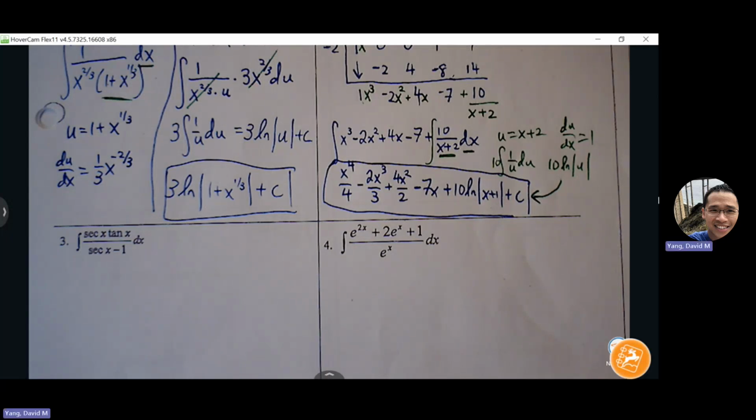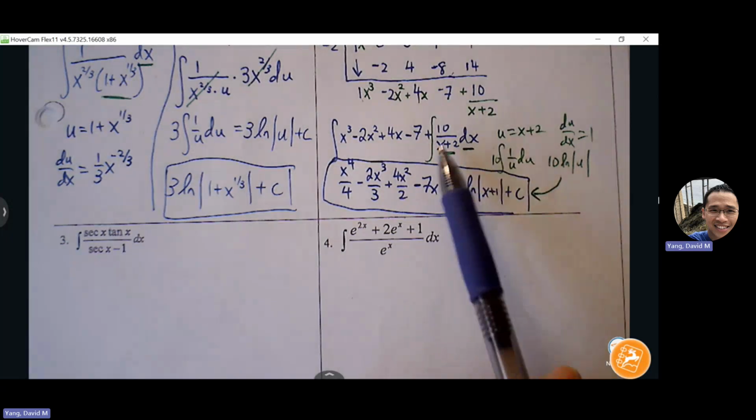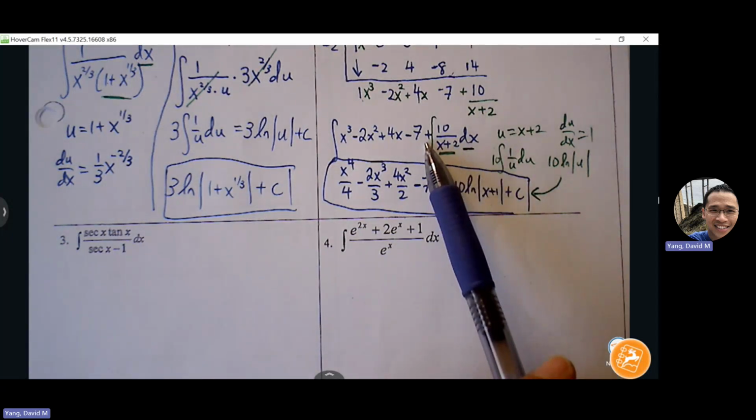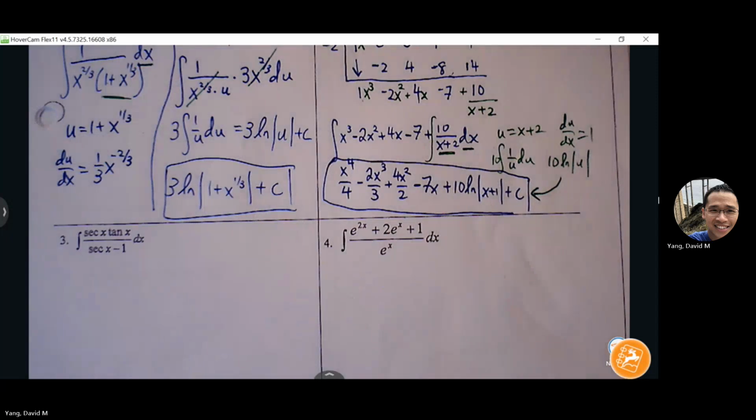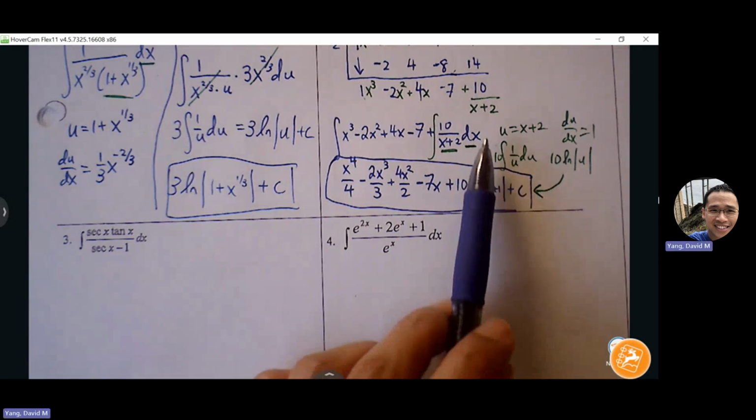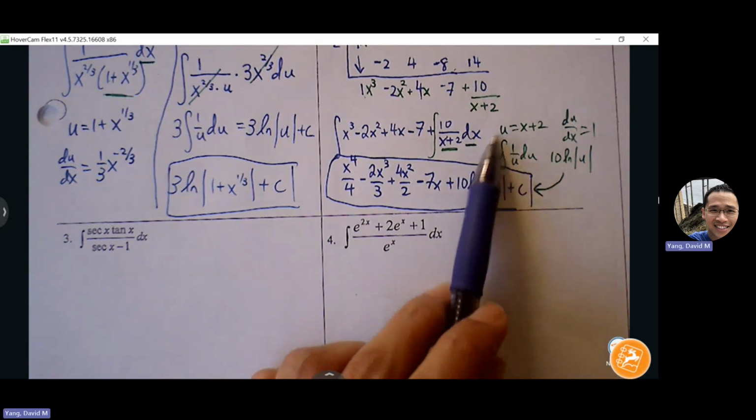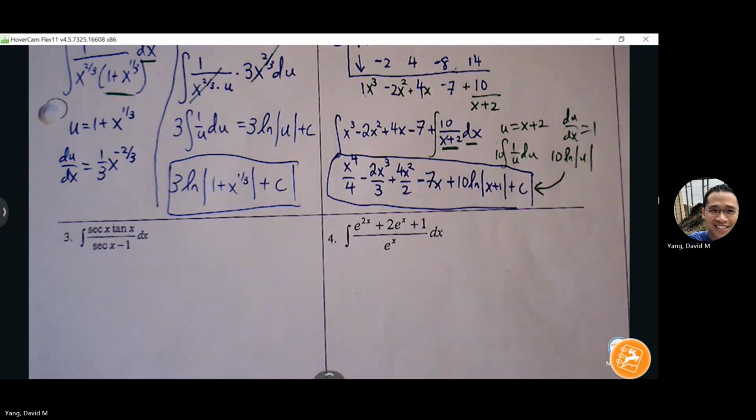The 10 integral 1/u, how did you get that? I just pushed that 10 out in front. Oh, so you just kept it separate. Yes, to make it easier to identify what rule we're looking at with that 10 out of the way.